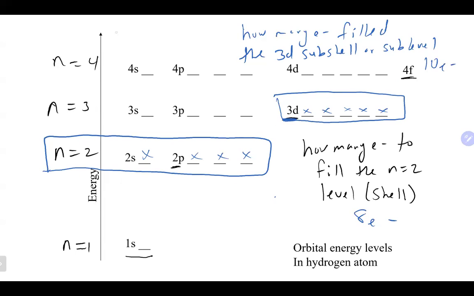Now, how many electrons if I filled a 4p orbital? So here's the 4p. How many electrons if I fill a 4p orbital?